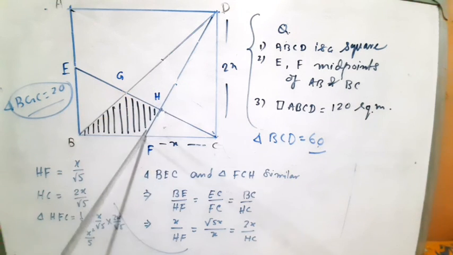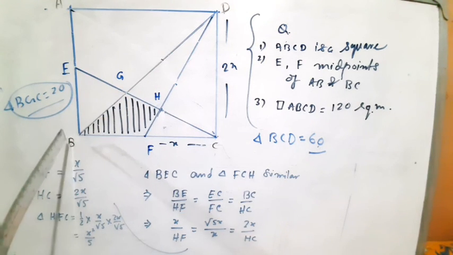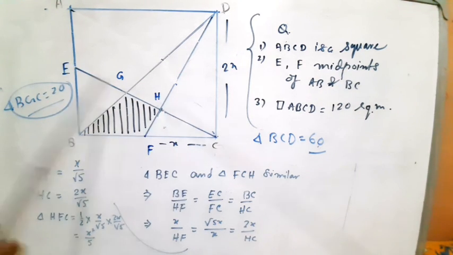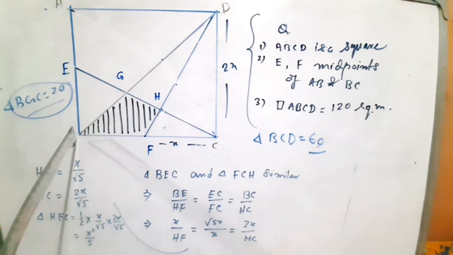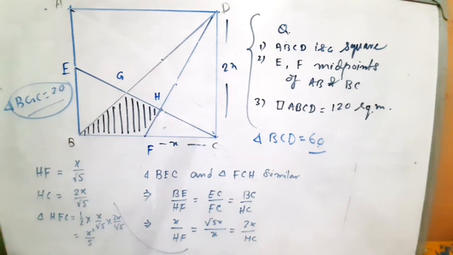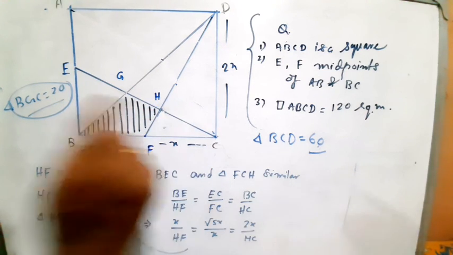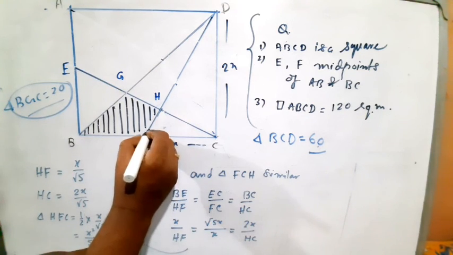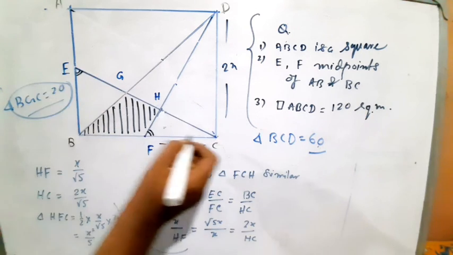So triangle BFC is congruent with triangle BEC, as BC equals BC, BE equals FC, and angle EBC is 90 degrees, angle DCF is 90 degrees. So these two triangles are congruent. So angle HFC equals angle BEC. So you can easily say this equals this.